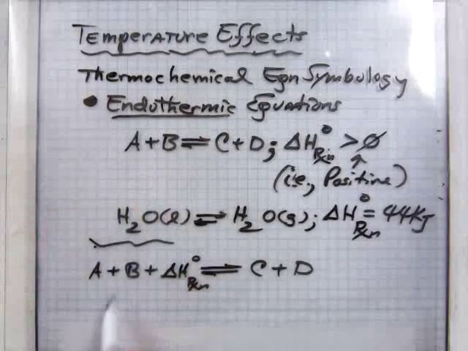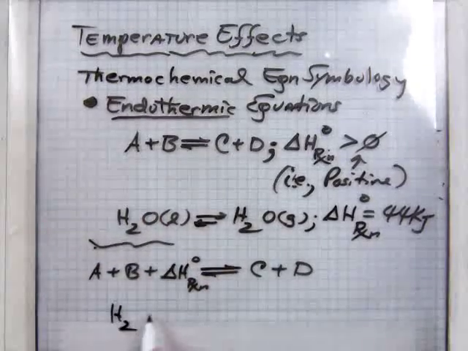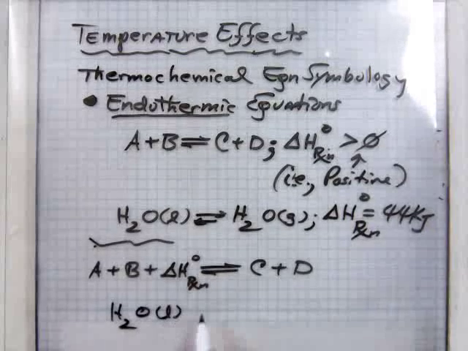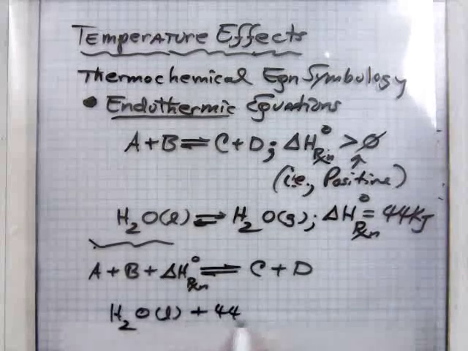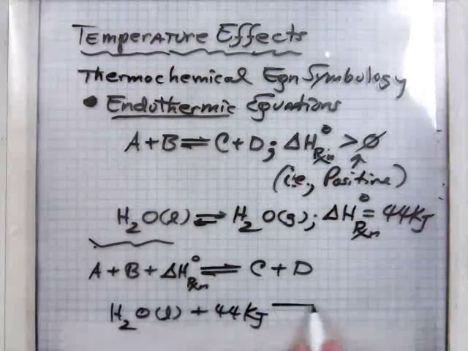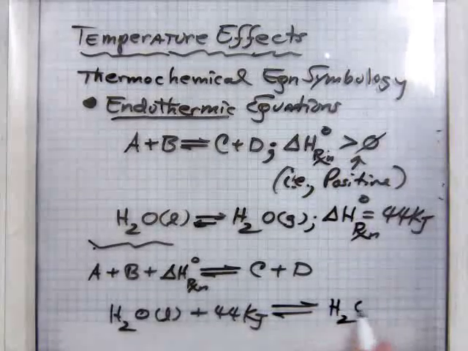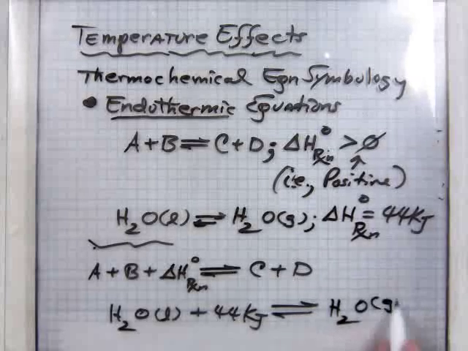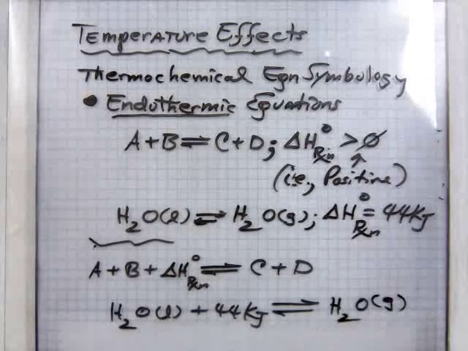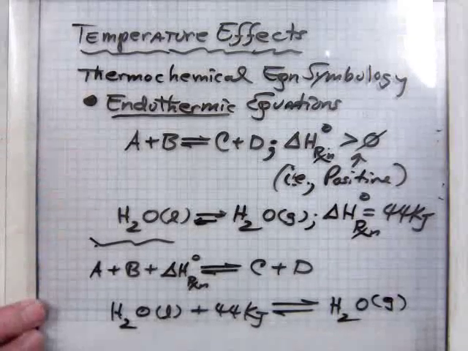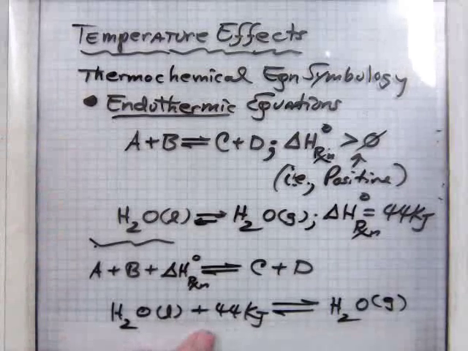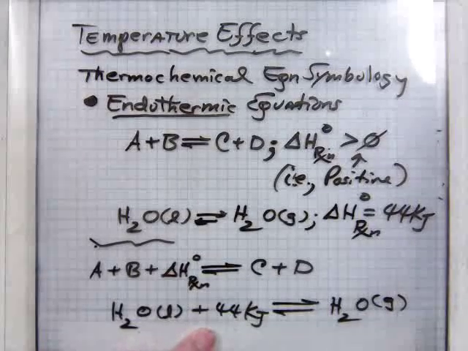Now, applying this to the example I gave you, we would put plus 44 kilojoules as such in this format, and H2O as a gas phase. So there's two ways to write it, and it's important this second way is what we'll use in our seesaw principle to define shifting of the equilibrium. All right.